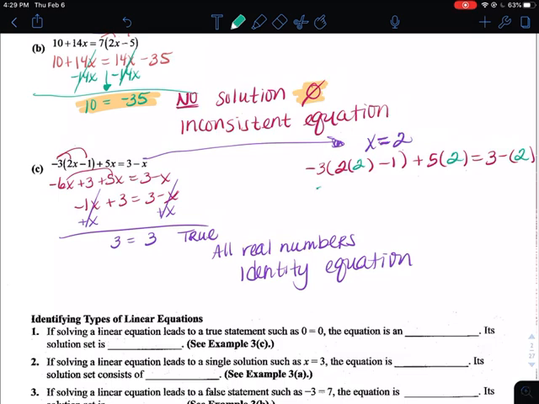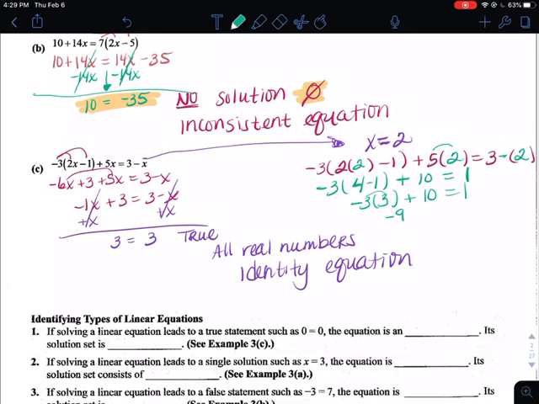All right. So when I simplify this, I get negative 3. 2 times 2 is 4. So this is 4 minus 1. Plus 5 times 2 is 10. Equals 3 minus 2, which is 1. So then I get negative 3 times, inside the parentheses, 4 minus 1 is 3. Plus 10 equals 1.